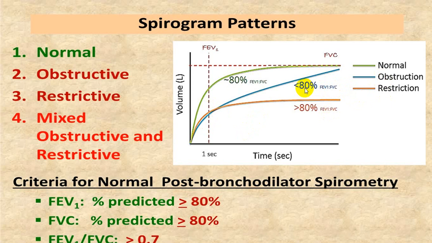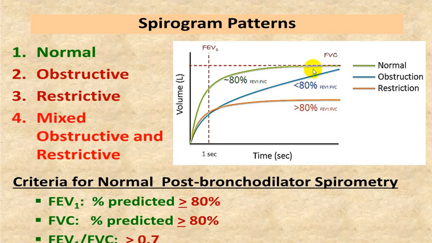Ratio less than 80 goes straightforward in favor of obstructive. So we will get 4 patterns: classical, normal, obstructive, restrictive, and a mixed variety, where you have an obstructive as well as restrictive element. So remember, 80, 80. A very simple way, you can say 80%, but by and large we say that normal is more than 70%.